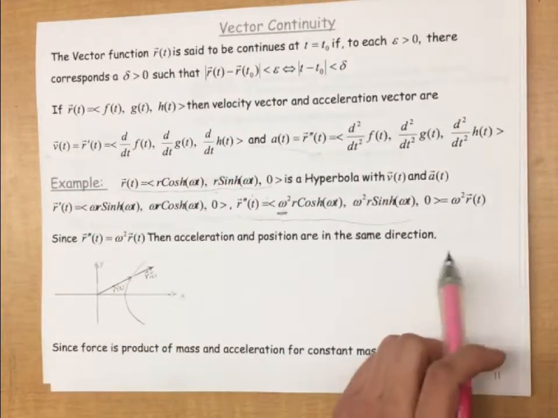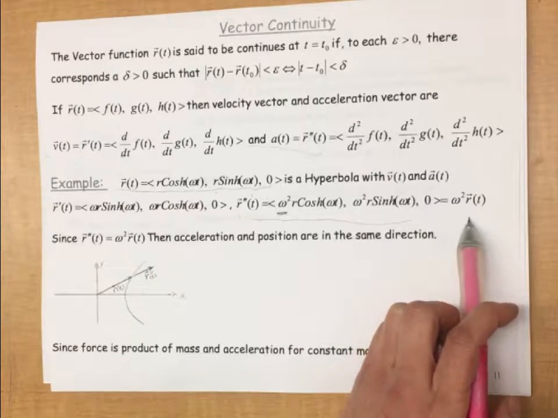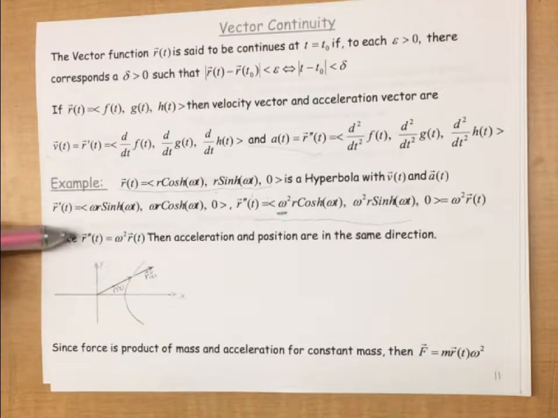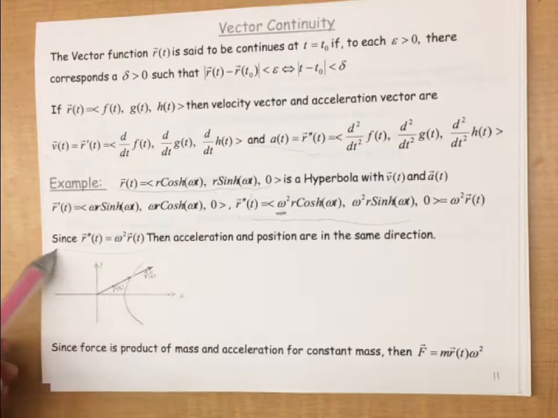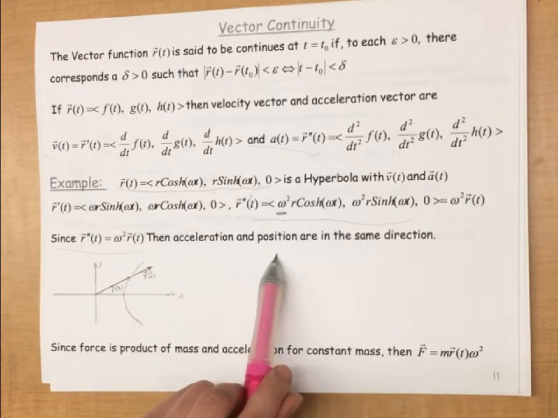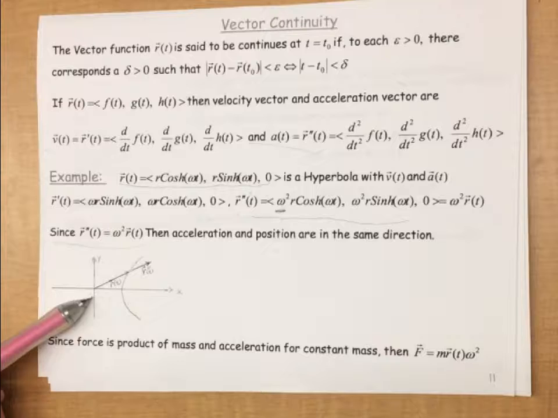And then so we can summarize that as negative omega squared times r of t. And then since r double prime of t is organized over here, acceleration and position are in the same direction, which is shown in this graph right over here. And since force is a product of mass and acceleration, for constant mass, then force equals m r of t omega squared.